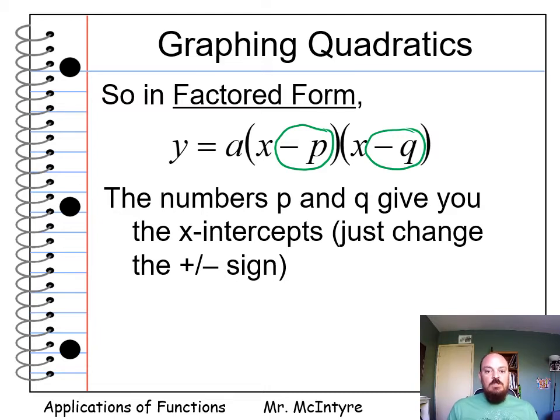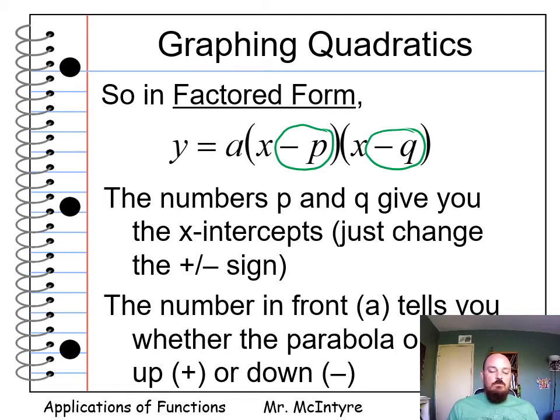And that's why in the formula we put minus instead of plus. Usually if you're looking at a formula and it says minus something instead of plus something, that means it wants you to use the opposite sign. It means it wants you to change the sign on it. So basically factored form is telling you if you just change the sign on p and q, the numbers in the factors, it gives you the x-intercepts.